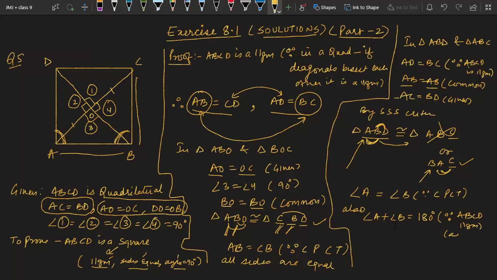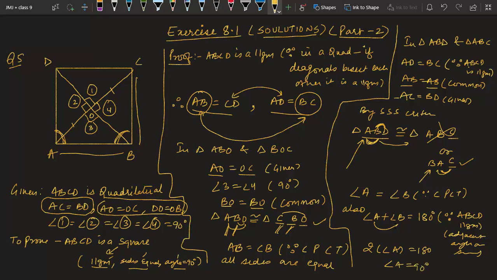So you can write that also, that adjacent angles are supplementary. That is also a correct reason. So now you can say as they are equal, I can write twice of angle A is equal to 180, angle A equal to 90 degree.